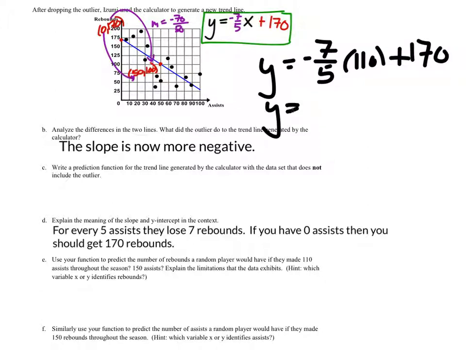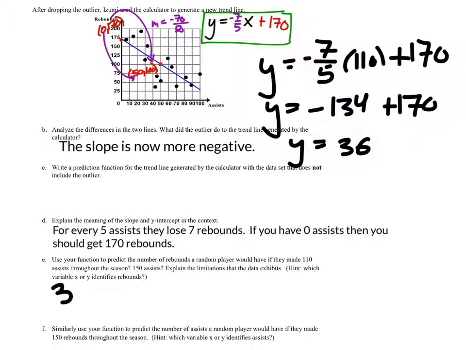Then we get y equals negative 154 plus 170. So it looks like the y would equal 36. So that means 36 rebounds.